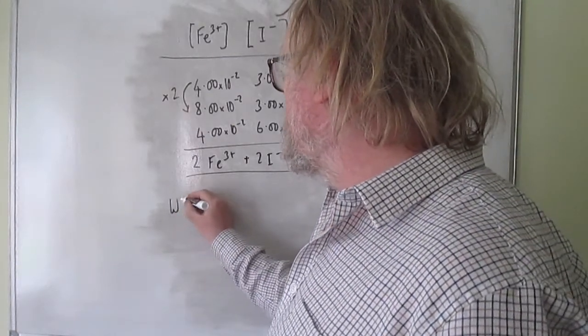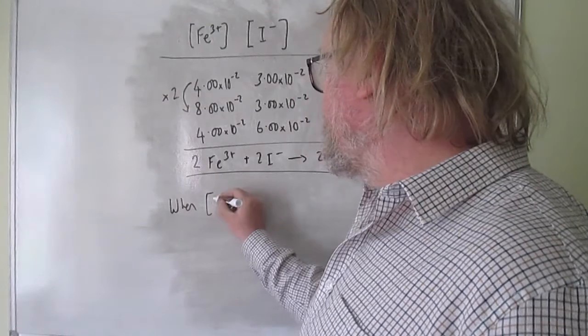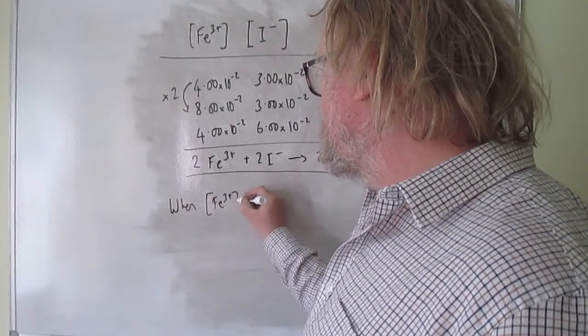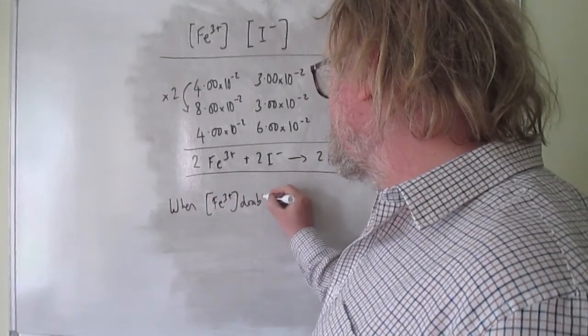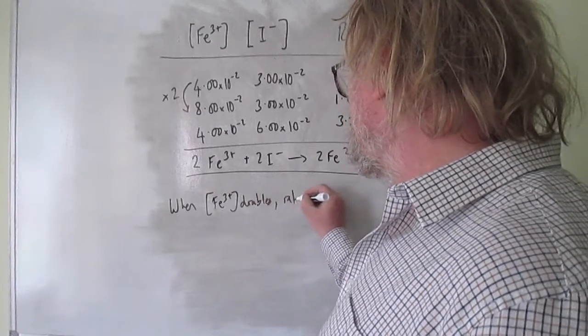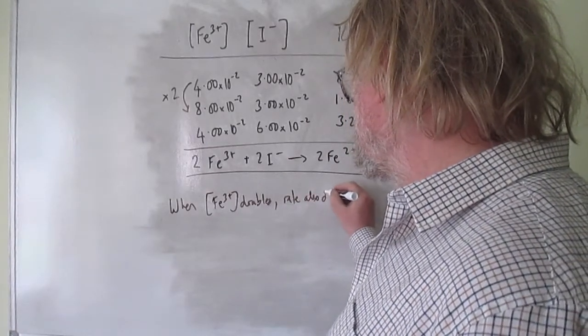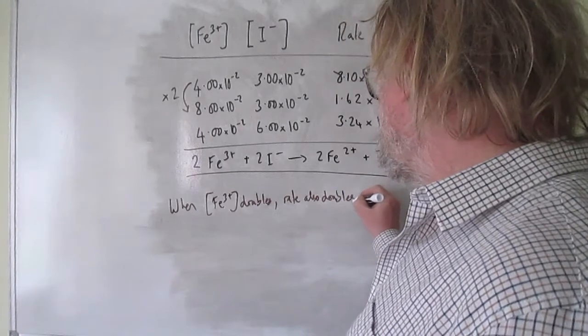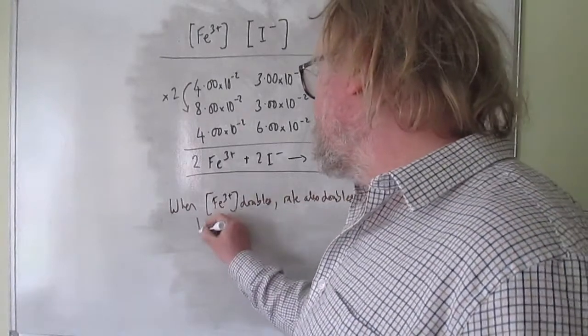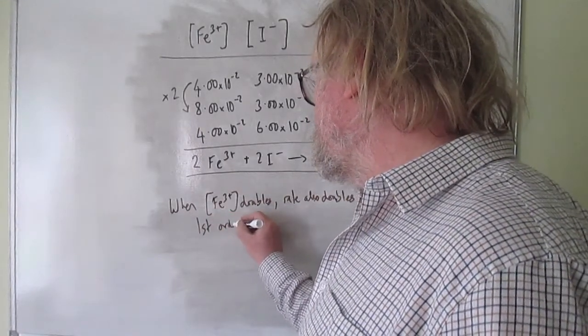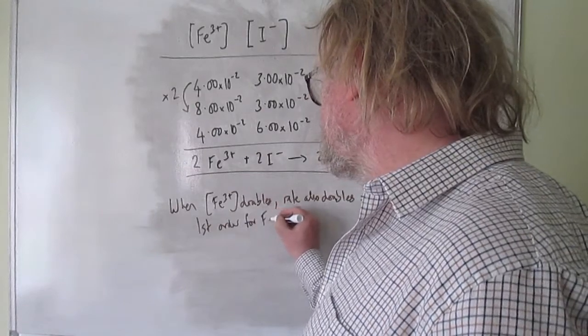So you say that when the Fe3+ concentration doubles, the rate also doubles, and that means that it's first order for Fe3+.